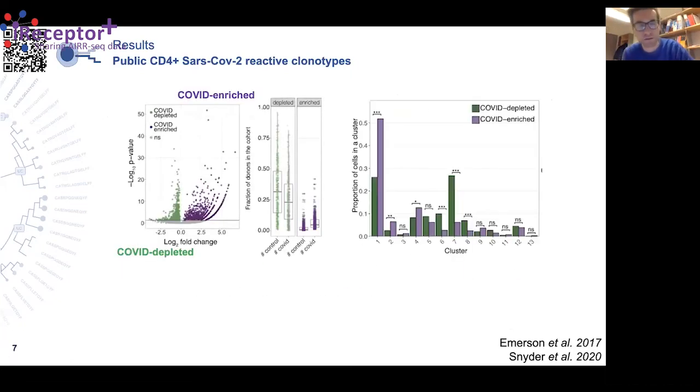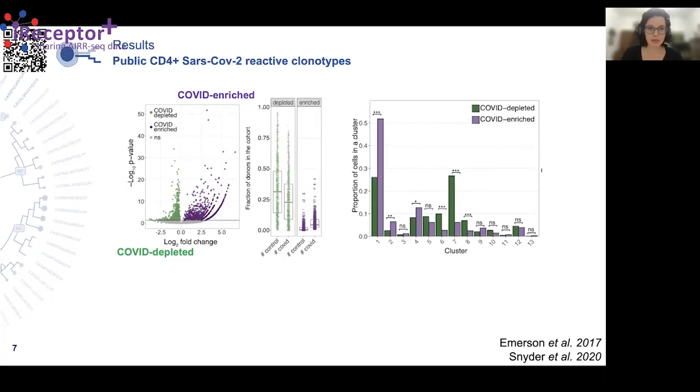We were really puzzled by this, because we were like, okay, depletion, why should specific TCRs be selectively depleted? Then we came up with the idea of lymphopenia as a reason, because we checked, and most of the COVID patients have fewer clonotypes than the healthy controls.